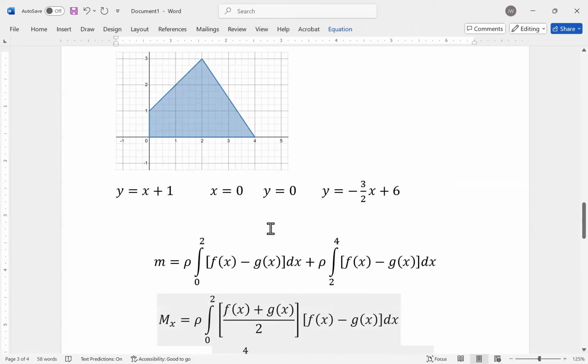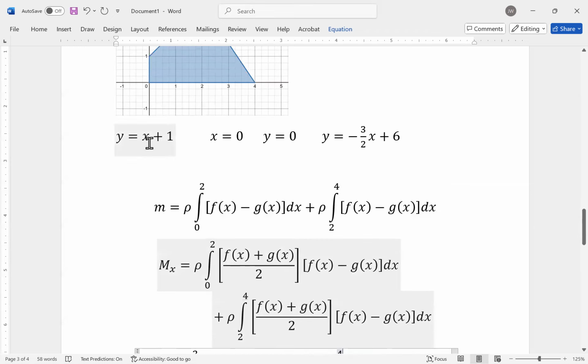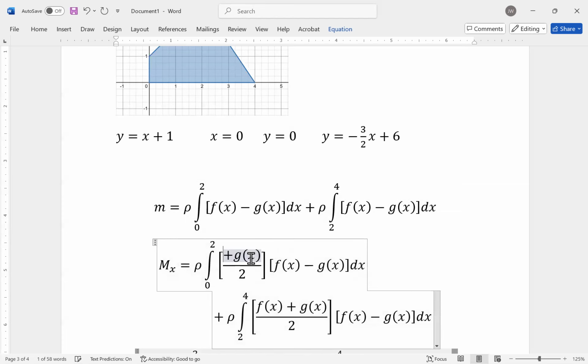I'll take the most difficult one to start out with. And again, from 0 to 2, the f is going to be x plus 1. The g is going to be 0. I'll write that nicer.